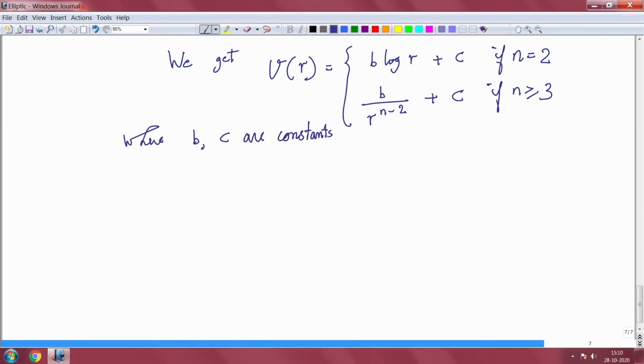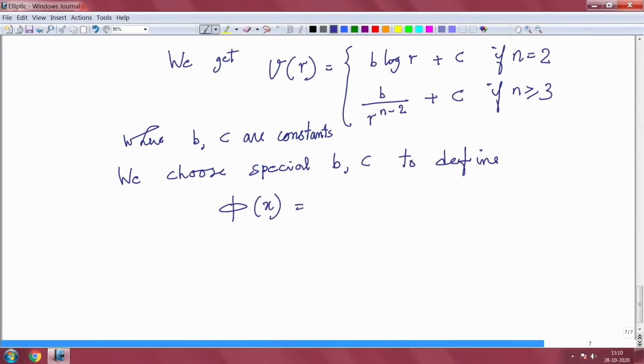Now, we choose special b and c, you will see later as we go along, to define phi of x equal to. The special b and c are chosen, it will become clear as we proceed further. You can choose other constants, but there are reasons why we choose b and c this way.